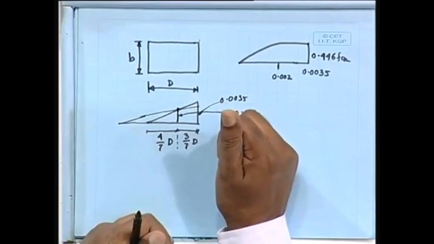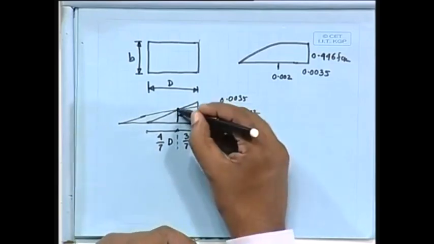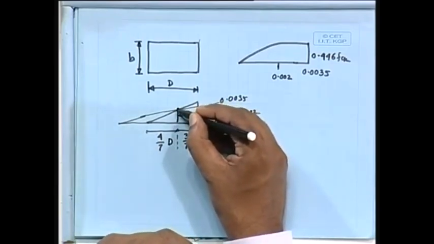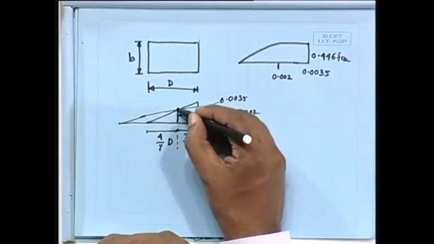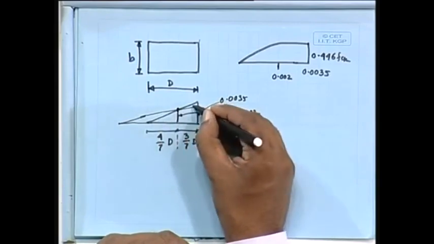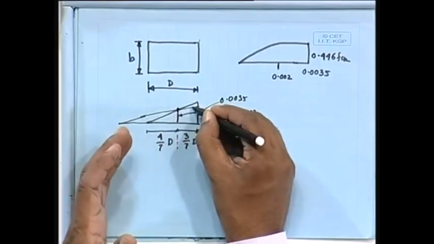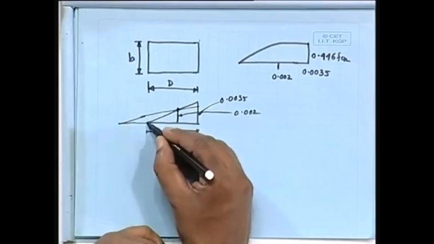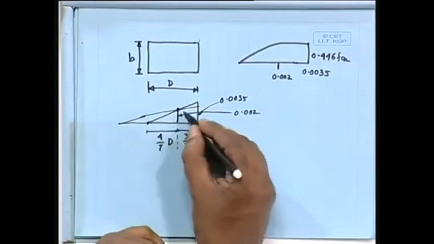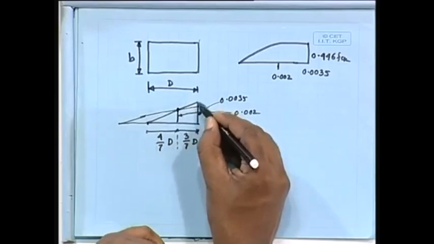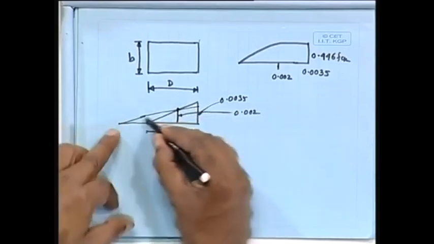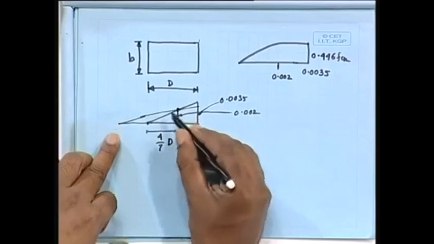I know this is the critical point here at 0.002, this point. With respect to this point, this line is being rotated. In other case, this is your neutral axis right now. So if it rotates, it will never go beyond 0.0035. So that means it will try to rotate about this point.